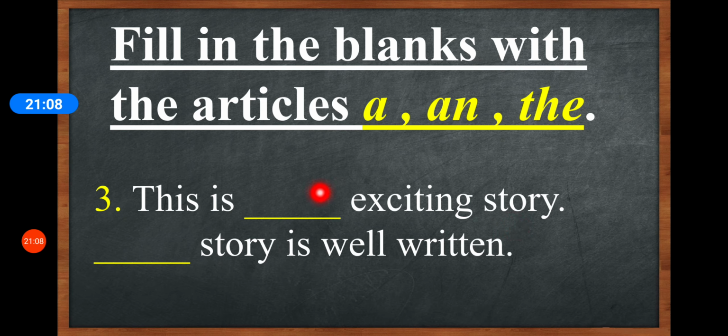And it starts with a vowel sound. So this is an exciting story. Now in the second sentence, we know which story we are talking about. So when we already know the object about which we are talking, we use the article the.